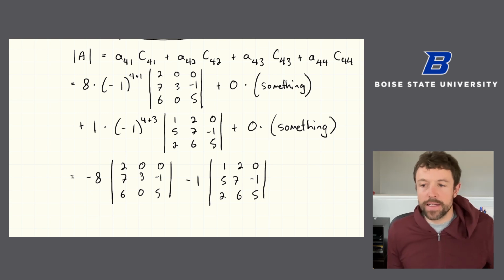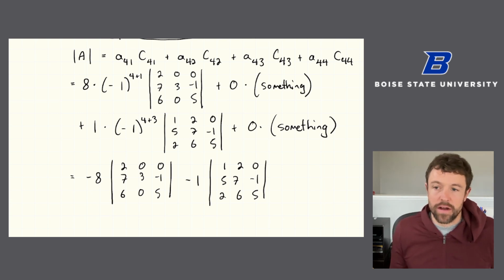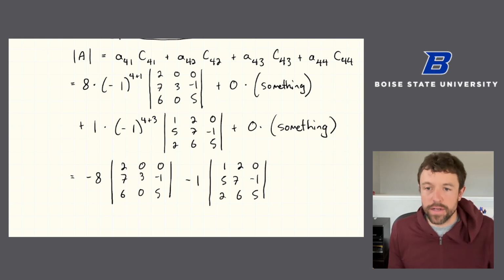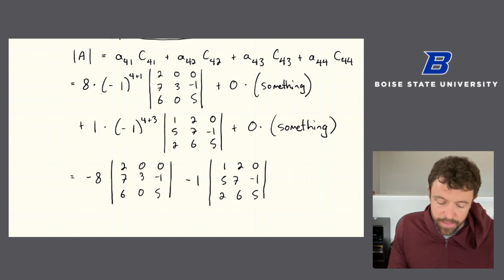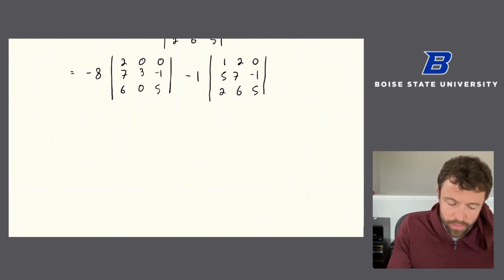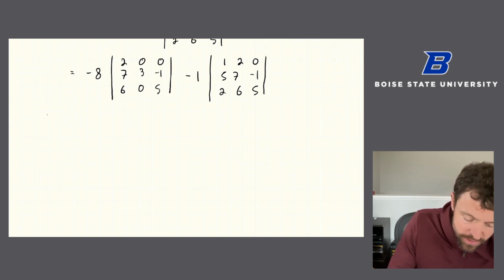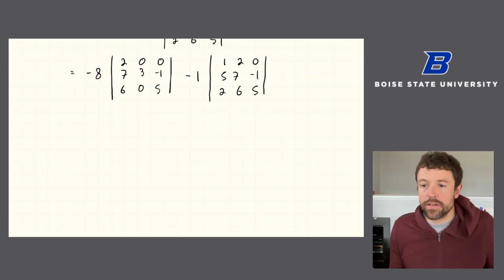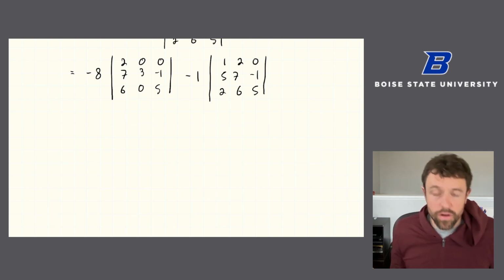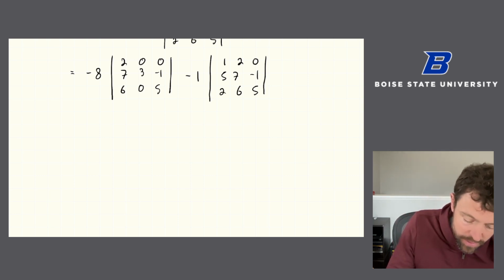And I realized I wanted an example of cofactor expansion on a column, and so we're going to get to do one here. So I actually won't have to come back and give a second example. I want to figure out what the determinant of this first matrix is, and this matrix contains a lot of zeros. And in particular, I see a column with 2 zeros, and I'm going to cofactor expand along that column.